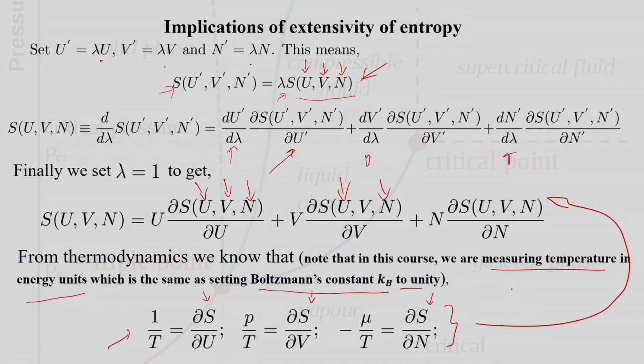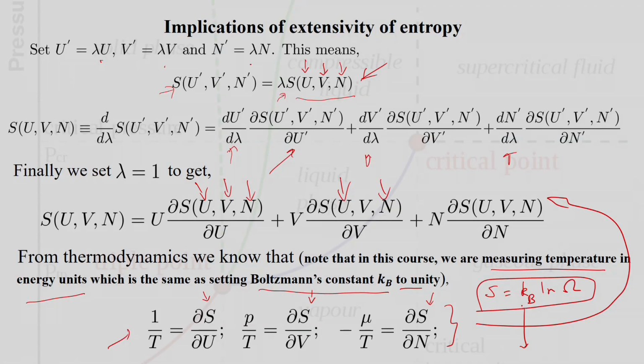Normally, entropy is actually defined as k_B times the logarithm of the number of ways of doing this. In fact, this formula is engraved on the tombstone of Mr. Boltzmann himself.